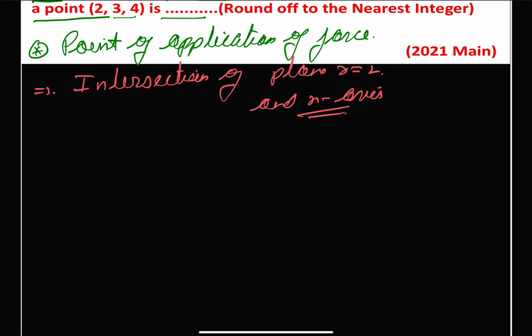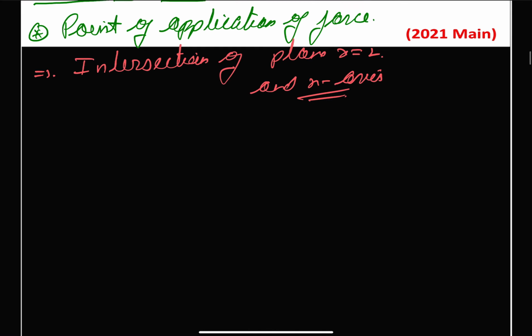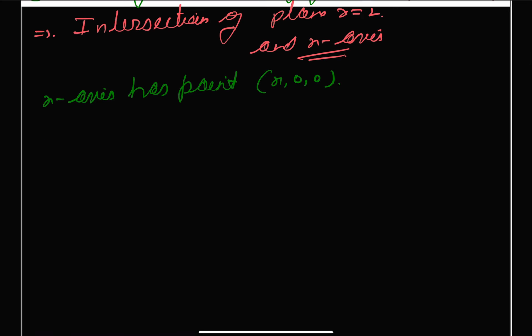So for the x-axis, the general point we can write as x, 0, 0, and we are having a plane, and the plane is defined by x is equal to 2.